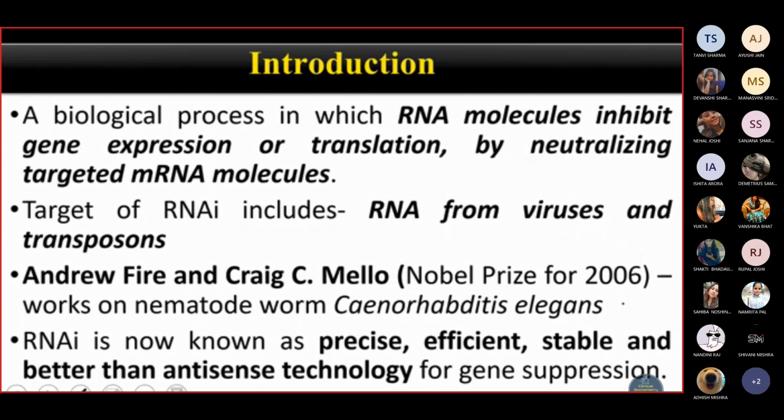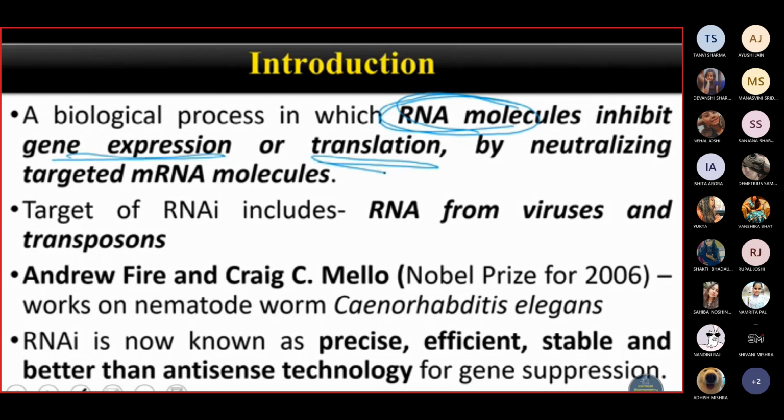So RNA interference is a biological process where an RNA molecule is involved. This regulation is done by RNA itself. We have an RNA molecule which participates in the regulation process, done by RNA, and it inhibits gene expression or translation. Translation means protein synthesis.